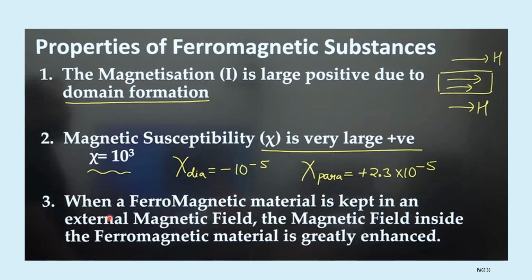Third point, when a ferromagnetic material is kept in an external magnetic field, the magnetic field inside the ferromagnetic material is greatly enhanced. If you apply an external magnetic field, then the magnetic field inside a ferromagnetic material will be more compared to the external magnetic field.